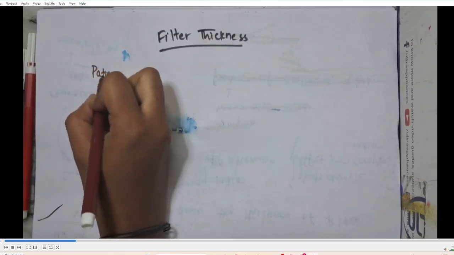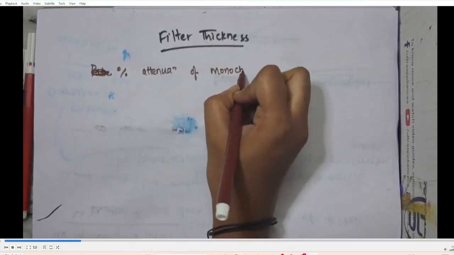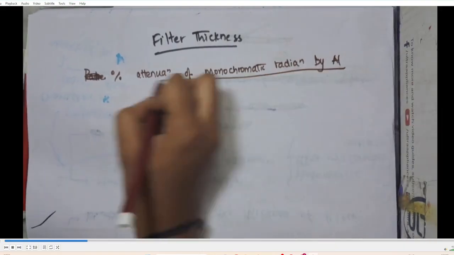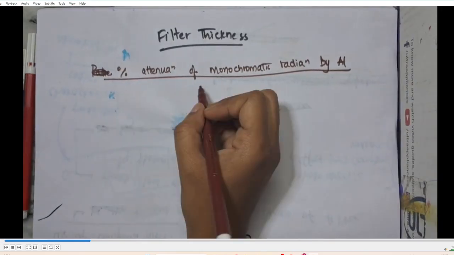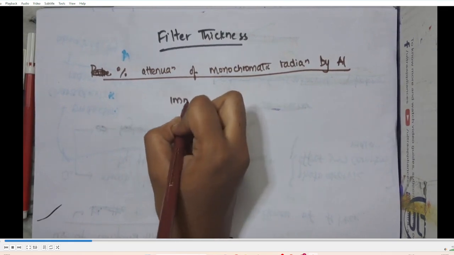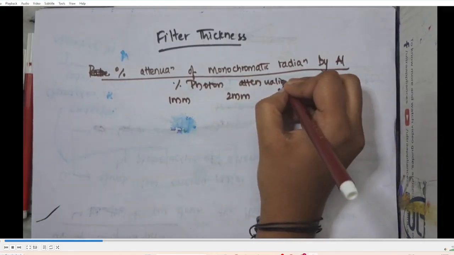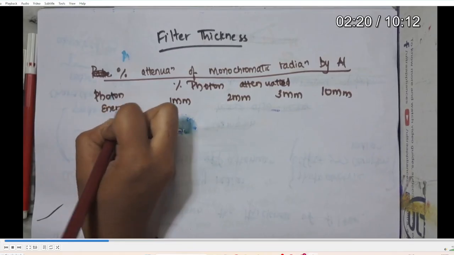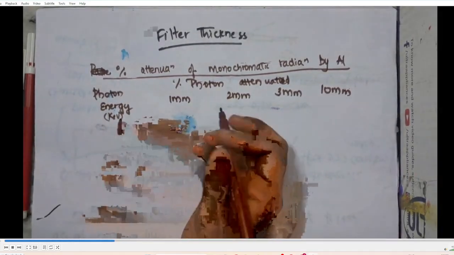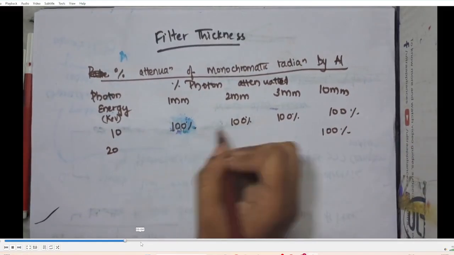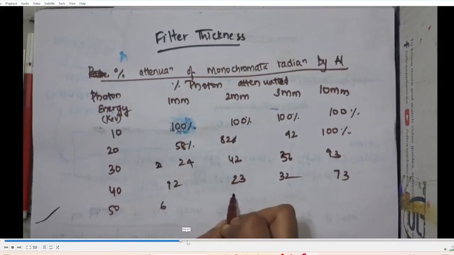The percentages of X-ray attenuation, or percentages of attenuation of monochromatic radiation, with 1, 2, 3 and 10 millimeters of aluminium is shown in this table.